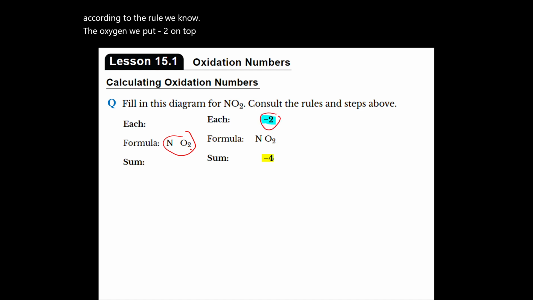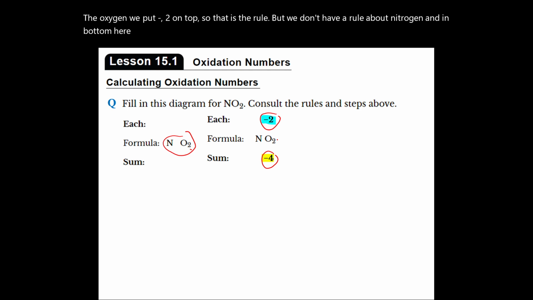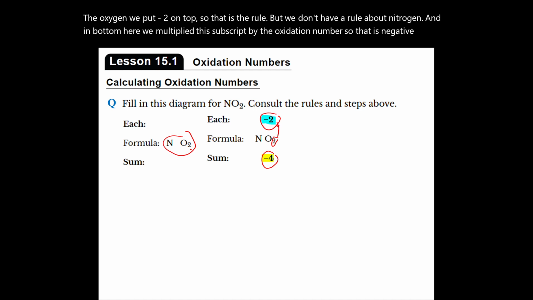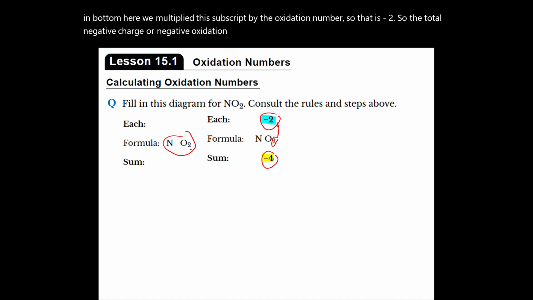But we don't have a rule about nitrogen. And on the bottom here, we multiply this subscript by the oxidation number, which is -2. So the total negative oxidation number is -4.